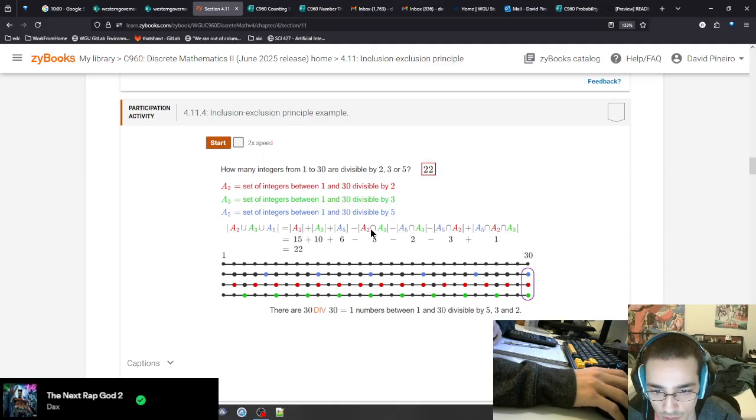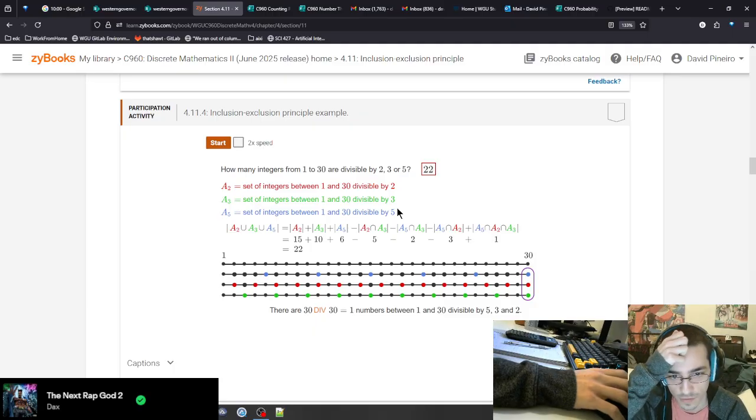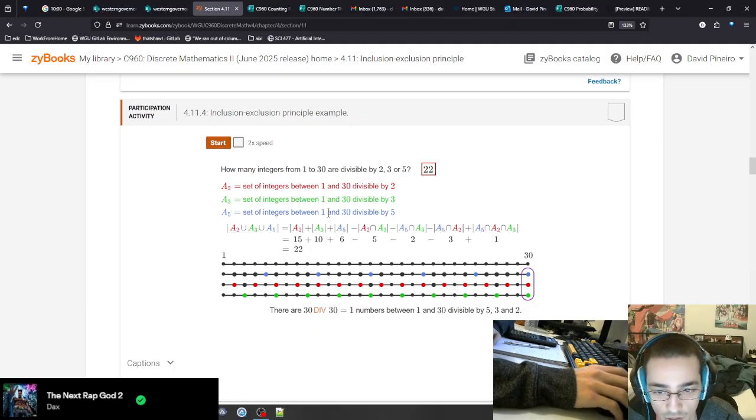But this is kind of weird because you gotta find the intersections, like numbers divisible by 2 and 3, 3 and 5, 2 and 5, and 2, 3 and 5. Okay, that's cool. But you do have to add the intersection of the last one.